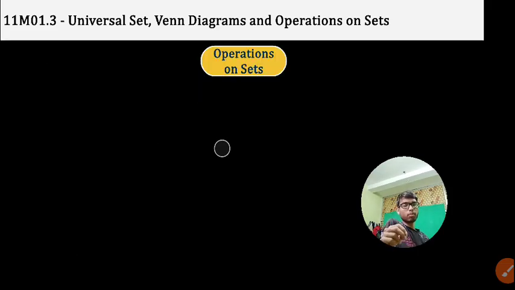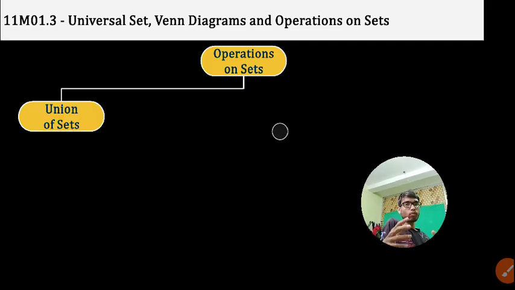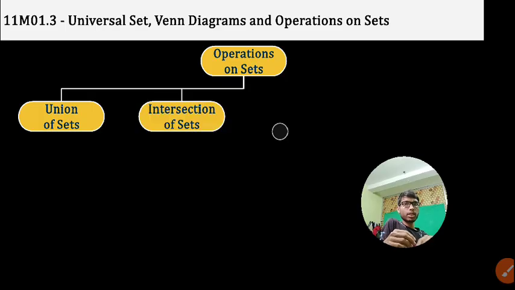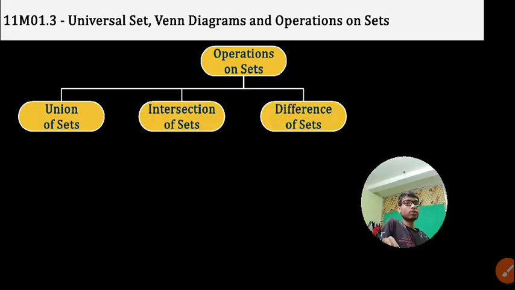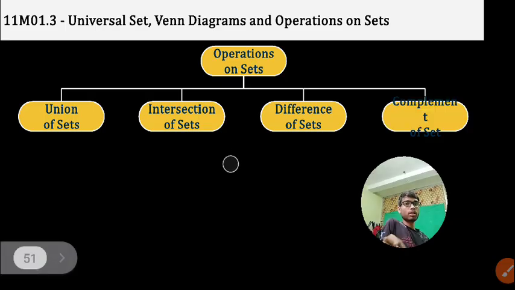Operations on sets. We came to the main point about operations on sets. Here union of sets is an operator. Then intersection of sets, then difference of sets, then complement of sets.